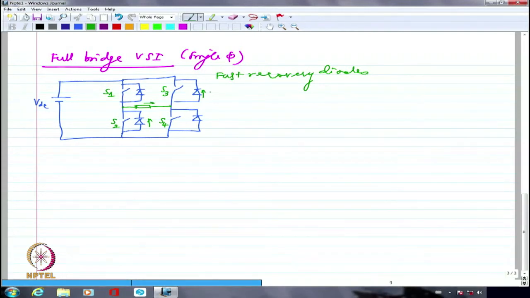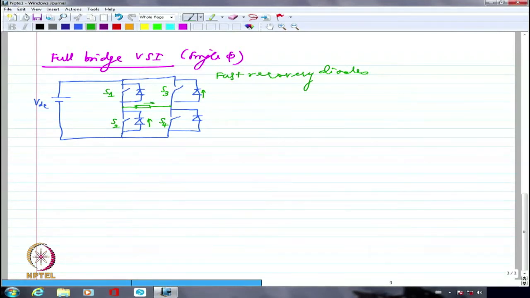But please note it is feeding back the energy to the battery, so the battery will get charged, it is like regeneration. So we are going to have the current flowing in the same direction with the diodes feeding back the stored energy of the load inductance back to the battery.